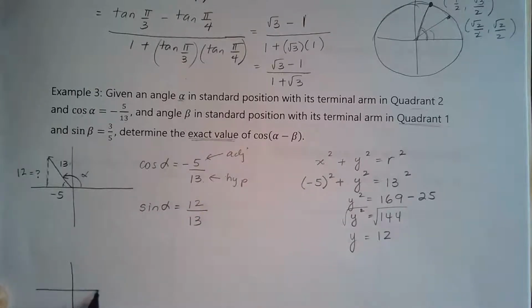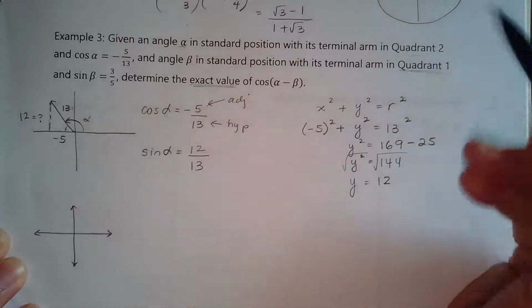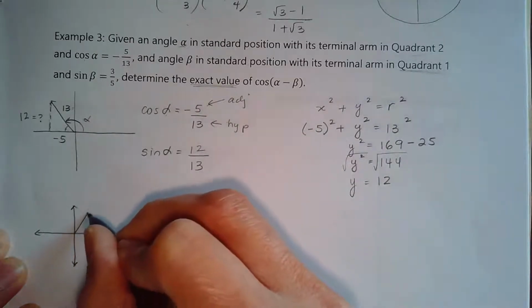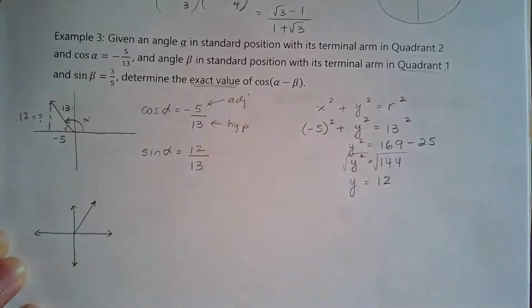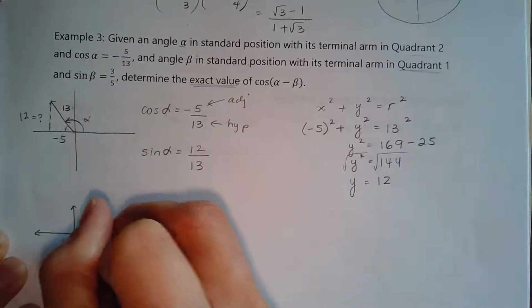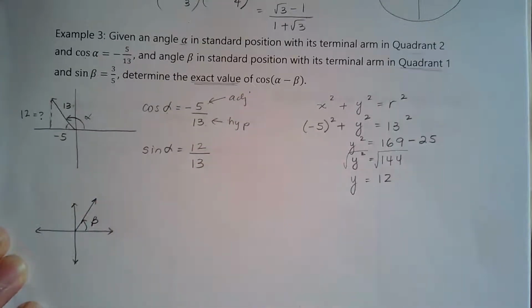It's good to draw it out because you want to have something visual. In quadrant 1, we don't know exactly where the angle is, but we know it's in quadrant 1. So this is going to be our beta in standard position.